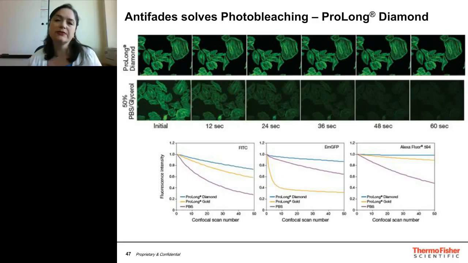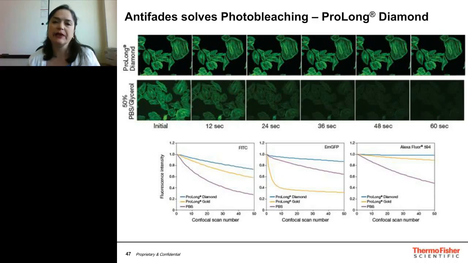What you can do to get around that in your fixed and permeabilized cells is to use a mounting media that has antifades in it, which prevent fading or photobleaching. One that's pretty nice to use is ProLong Diamond. The nice thing about it is that it also preserves the GFP signal in cells.